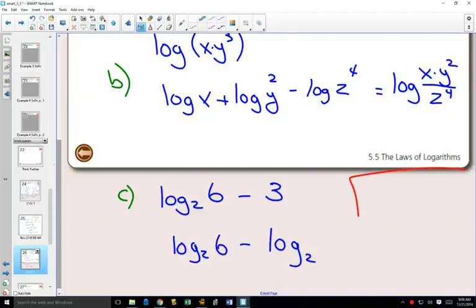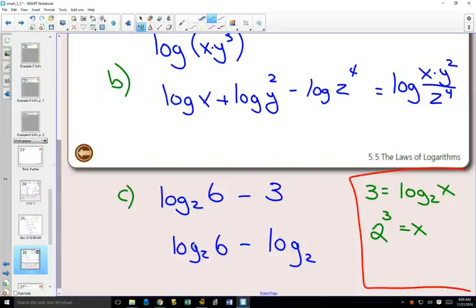So we're going to section off a little bit over here for thinking and say to ourselves, if 3 was equal to log 2 of something, what would that something be? Using your definition of a logarithm, the base is 2, the exponent is 3, the answer is x. You can see that that x has to be 8.